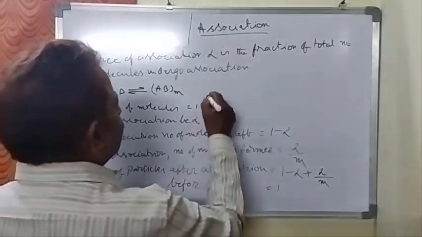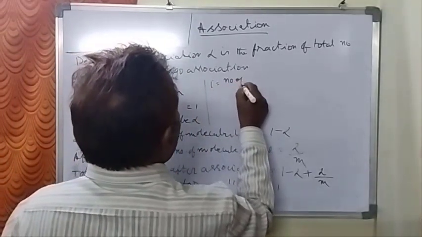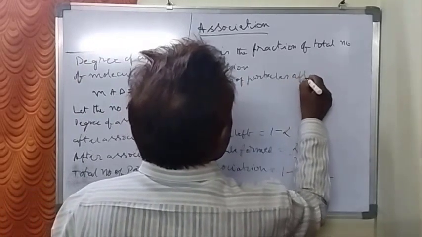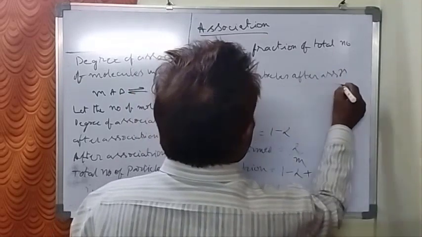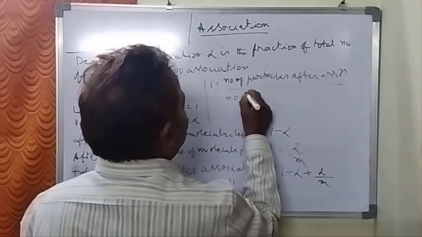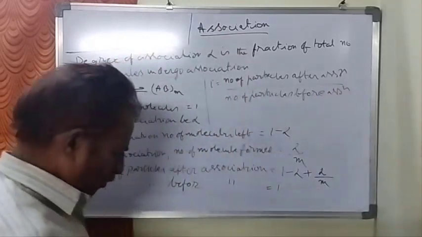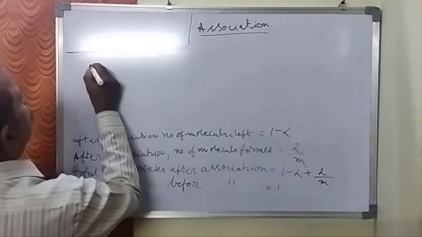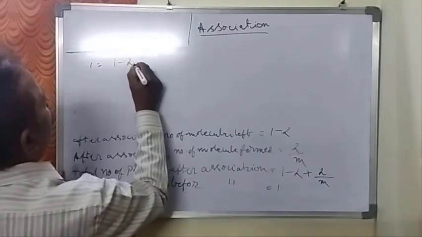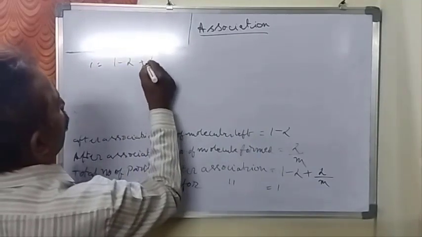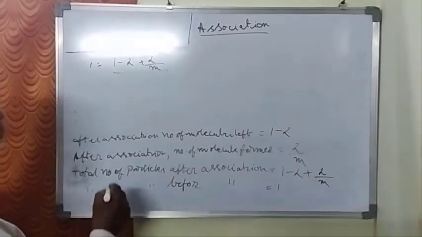Van't Hoff factor i equals the number of particles after association by the number of particles before association. Therefore i equals 1 minus alpha plus alpha by m, by 1.